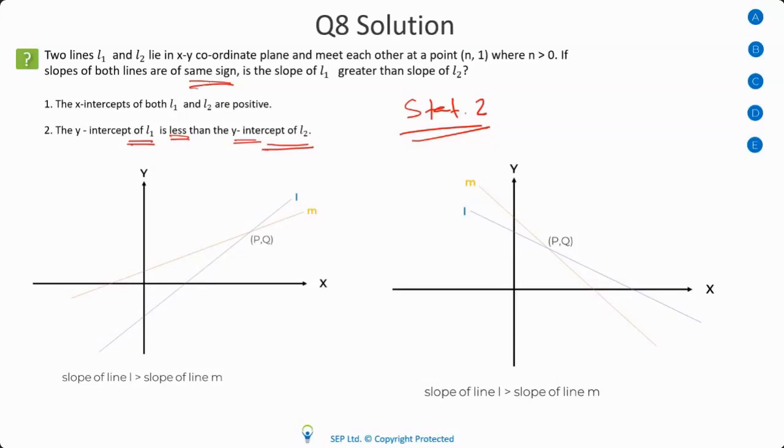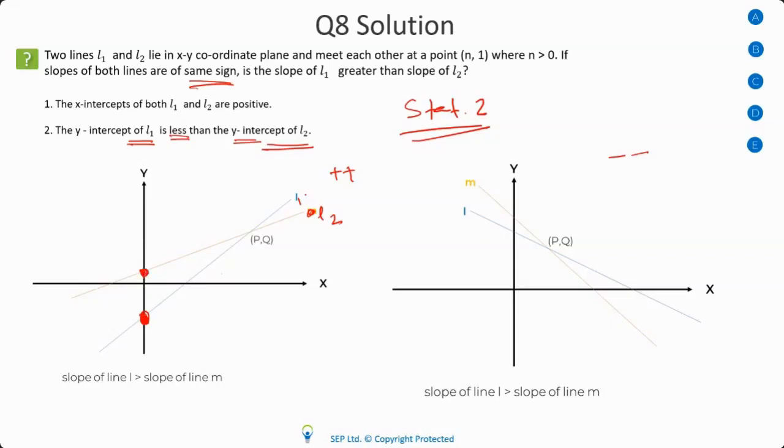The signs of the slopes are the same, so this is both positive, and this is both negative. And I'm trying to ensure that the y-intercept is less. Notice this is the y-intercept. I should have written L1, L2. Apologies for that. This is L1, this is L2. And L2 is here.